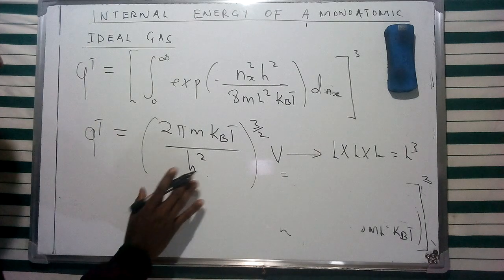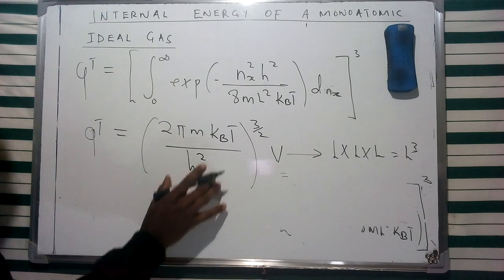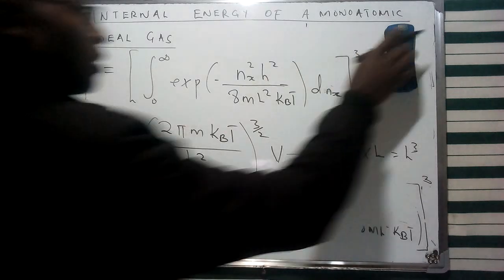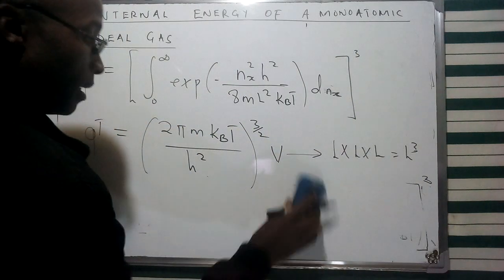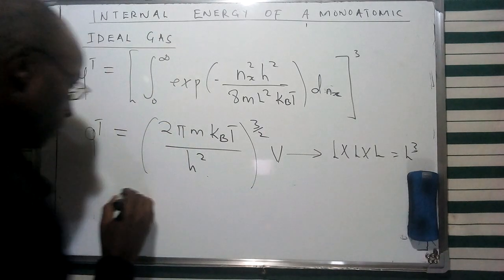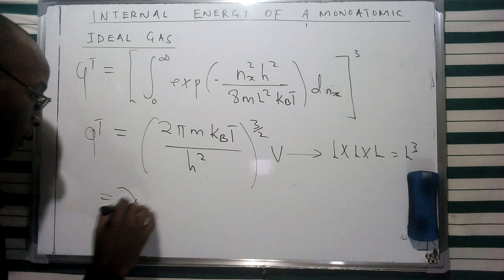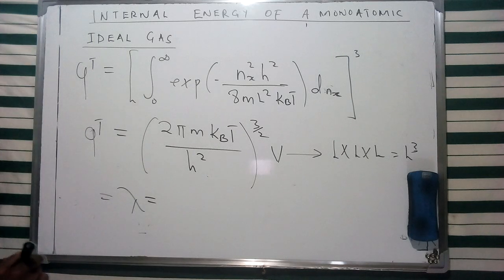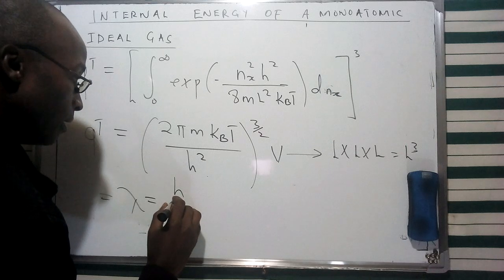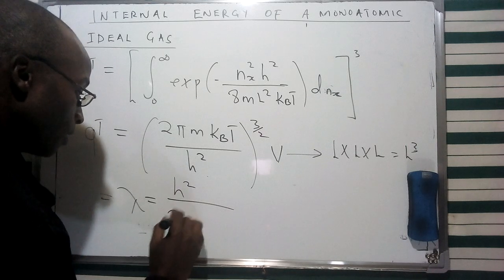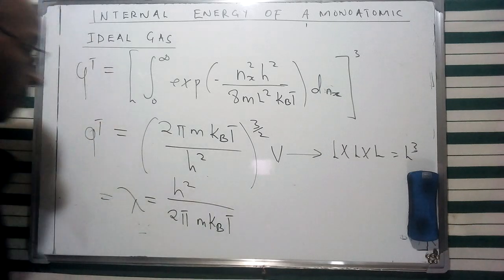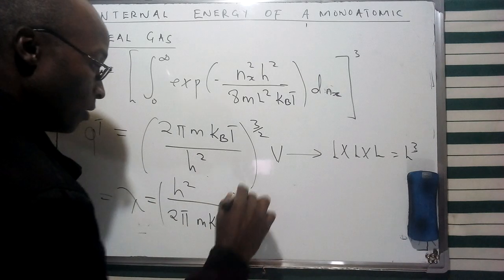From this derivation of the formula, for the translational partition function, we obtain another definition, the de Broglie wavelength, which is given in terms of the Planck's constant squared over 2 pi m kB T, raised to a half.